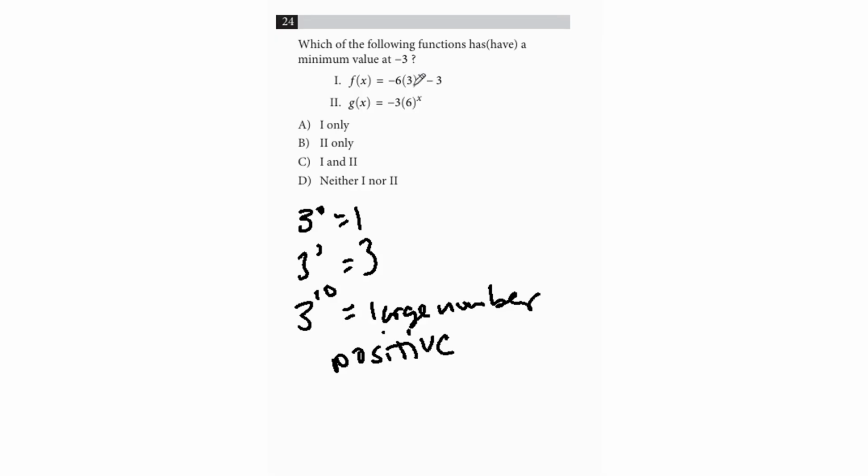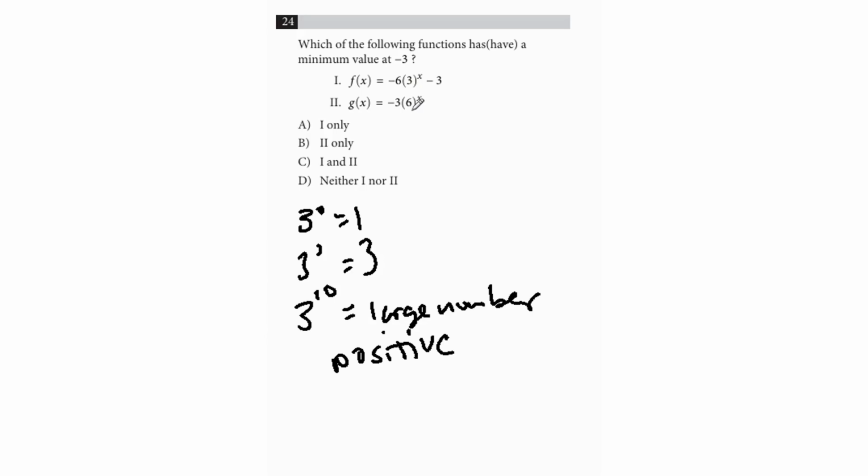So because it's multiplied by -6 for the first function, it will keep decreasing in value without possibly stopping. Therefore, because it doesn't stop, it cannot have a minimum value at -3. So the first one will not have a minimum value at -3.